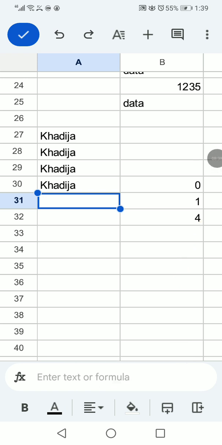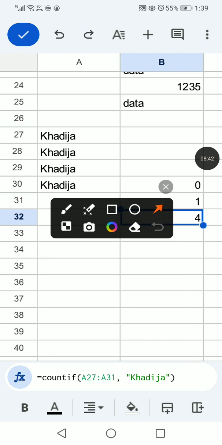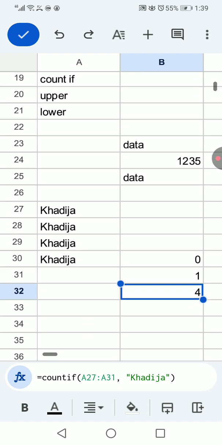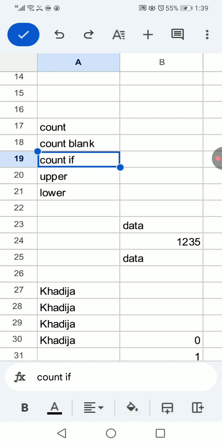So basically COUNTIF, just put your attention over here. This COUNTIF is used basically to count how many yes or no are present, or whatever criteria you will put. So in this way we have seen COUNT, then COUNTBLANK, and then COUNTIF.